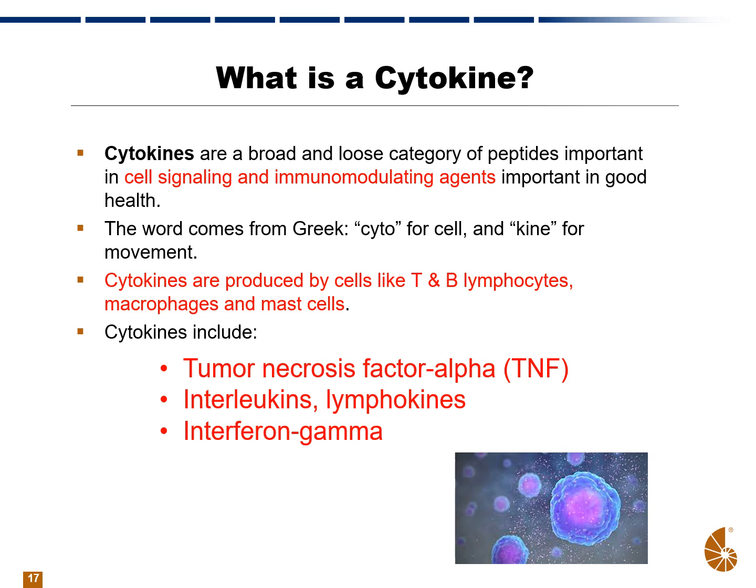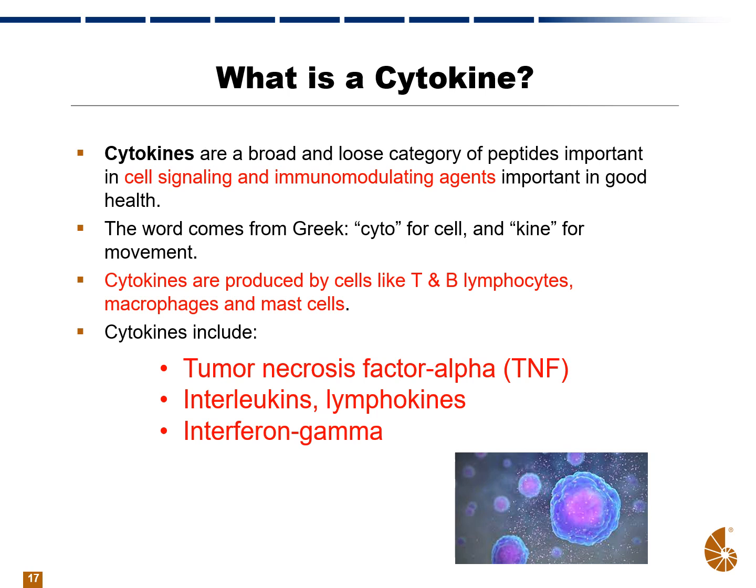So what is a cytokine? I always had trouble wrapping my head around what a cytokine was. It's a broad and loose category of peptides important in cell signaling and immunomodulating agents that are important in good health. It comes from the Greek word cyto for cell and kine for movement, so the movement of cells.